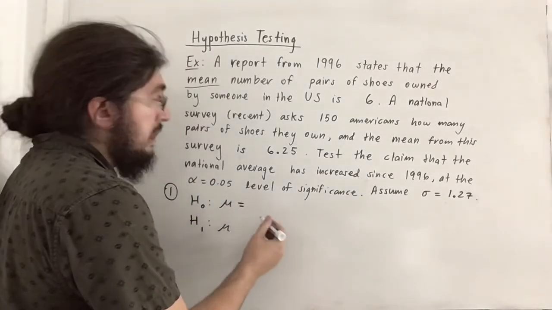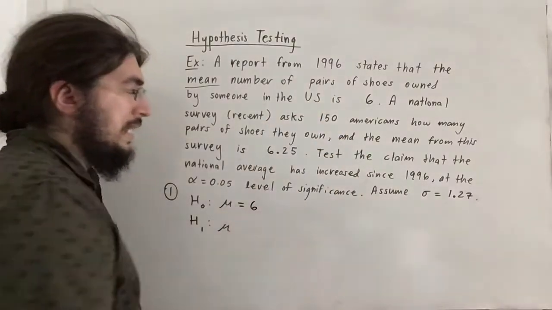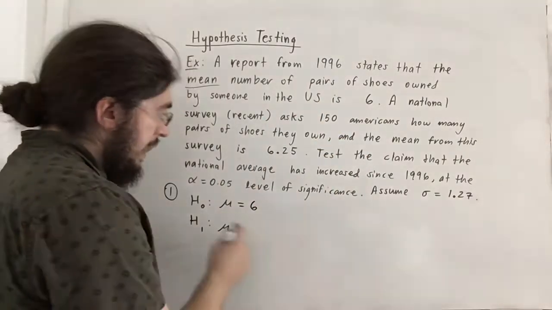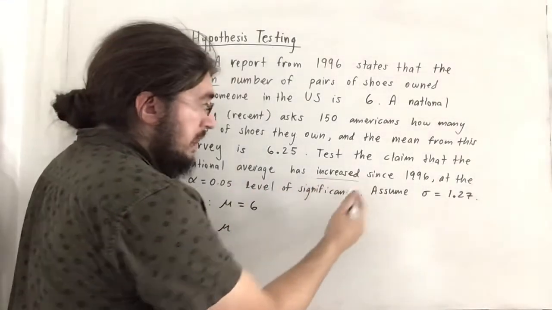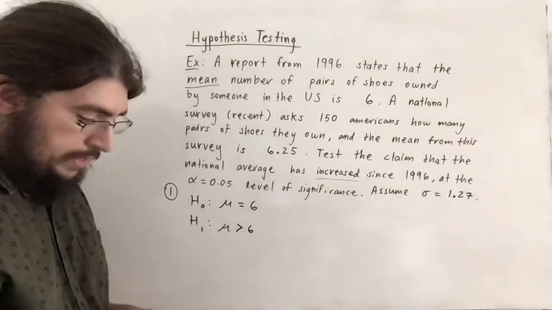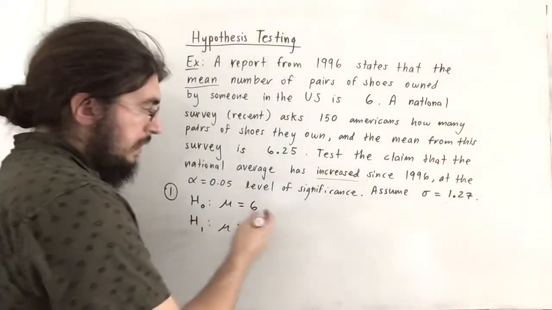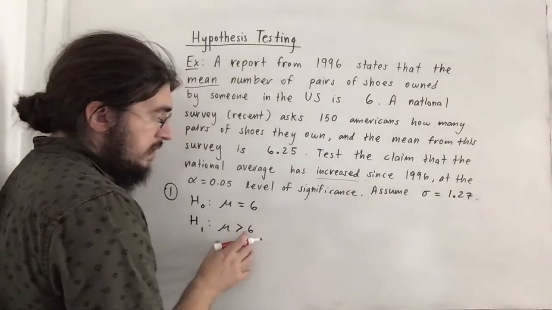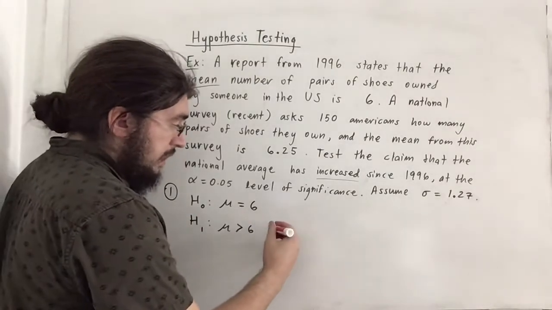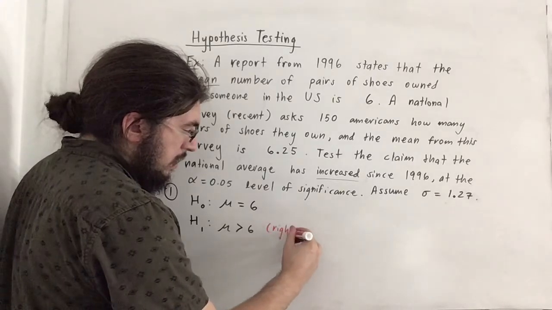So the null hypothesis is that the mean is what it was from the previous report, so that's 6. And here we're asking if it increased, so this is actually a right tail test. That makes sense because we're claiming that the population mean is now bigger than 6. So this is our claim, but more importantly, it's a right tail test.